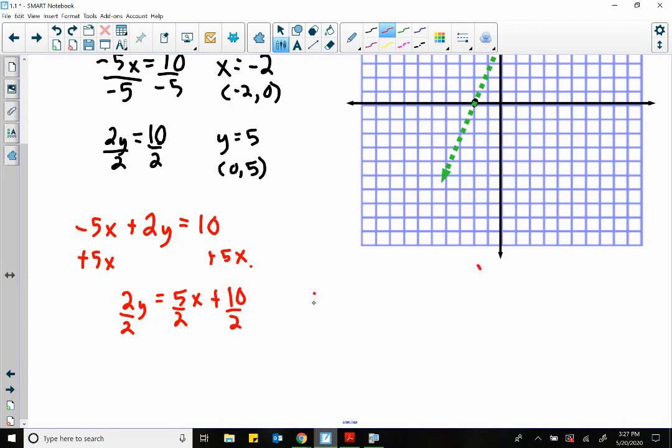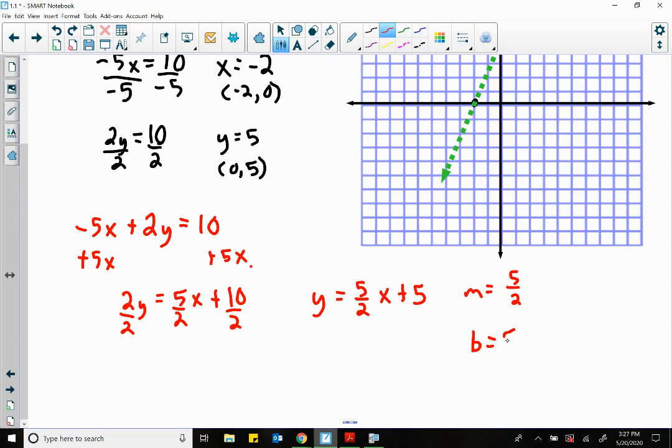So our equation is y equals 5 over 2 does not reduce. You can check it in your calculator. x plus 10 divided by 2 is 5. So there's your slope-intercept.